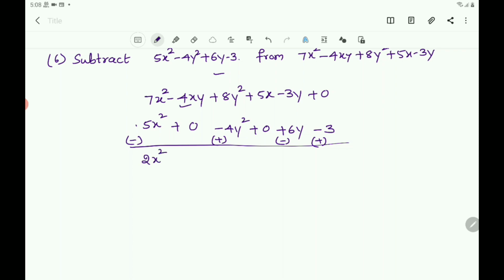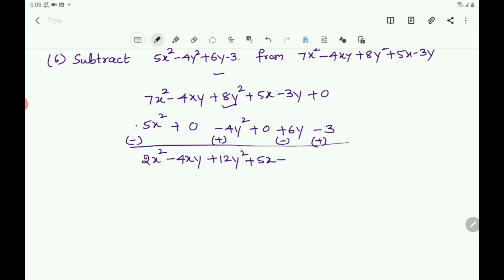And here only one term is there. Write it as it is, that is minus 4xy. Then 8y square and 4y square, 8 plus 4 is 12y square. And here only one term, that is 5x, write it as it is. Minus 3y and minus 6y have the same sign, add them and put the minus sign.